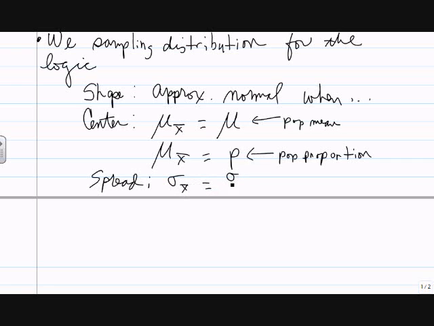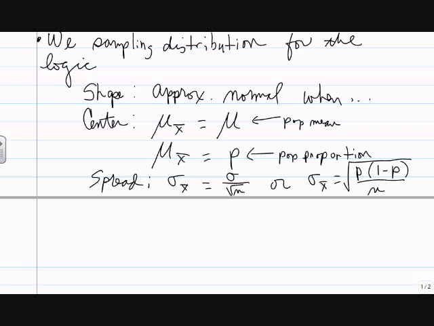It's the standard deviation of the population divided by the square root of n. Or if we're dealing with a proportion, take the square root of all that. Okay, so we can describe the sampling distribution pretty well.